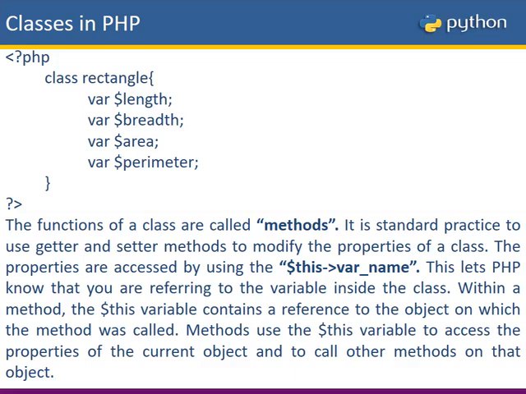This lets PHP know that you are referring to the variable inside the class. Within a method, the $this variable contains a reference to the object on which the method was called. Methods use the $this variable to access the properties of the current object and to call other methods on that object.